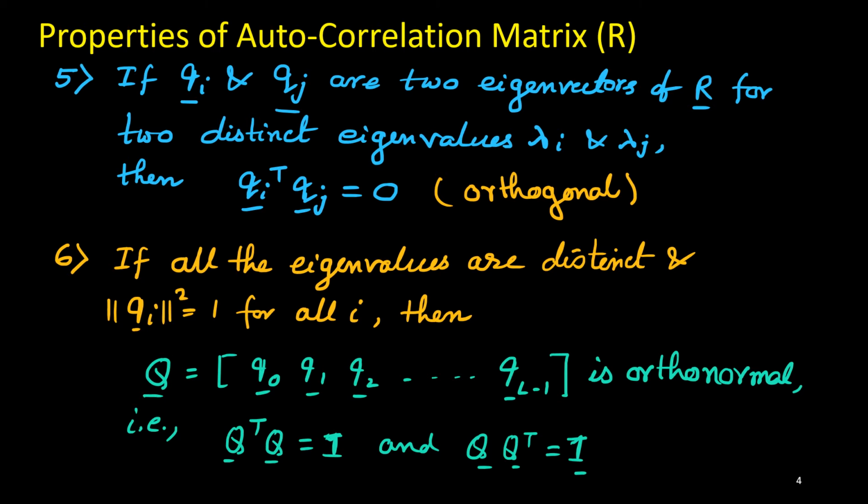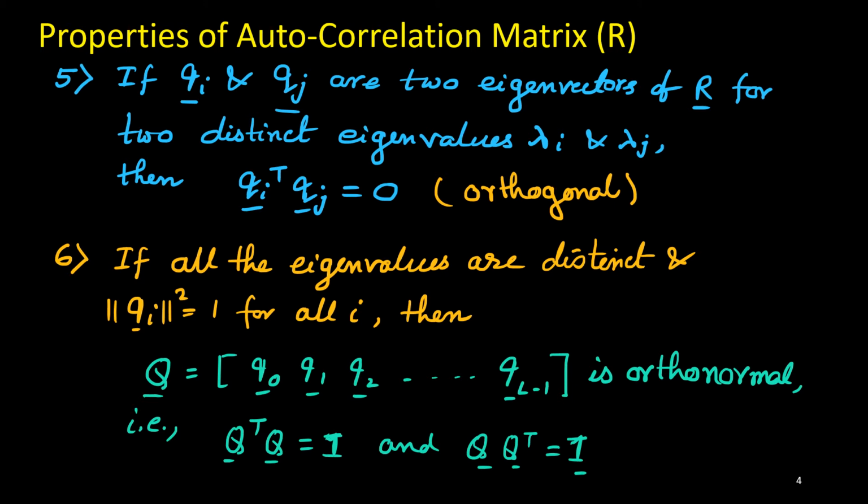Sixth, if all the eigenvalues of capital R are distinct and the corresponding eigenvectors have norm 1, meaning unit norm, then we can make one matrix capital Q, where capital Q is [Q0, Q1, Q2, up to Q(L minus 1)].